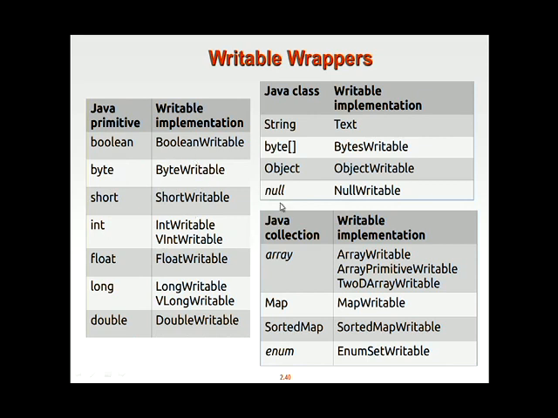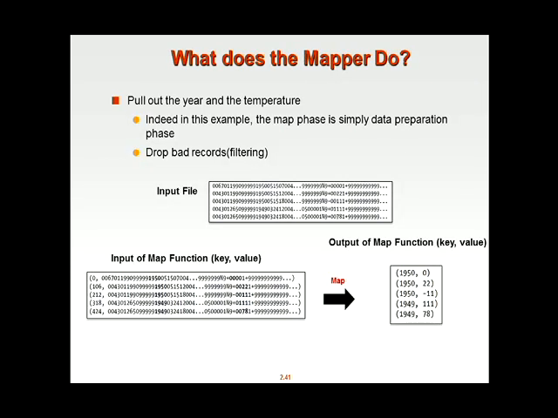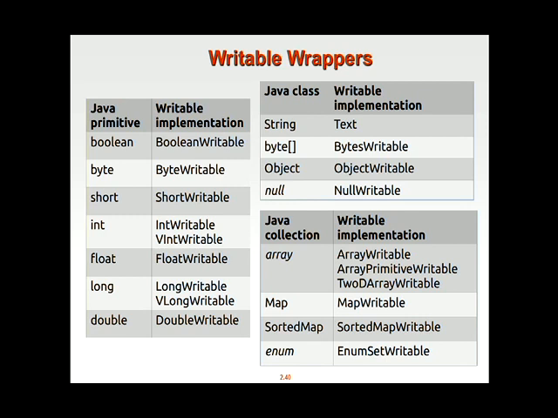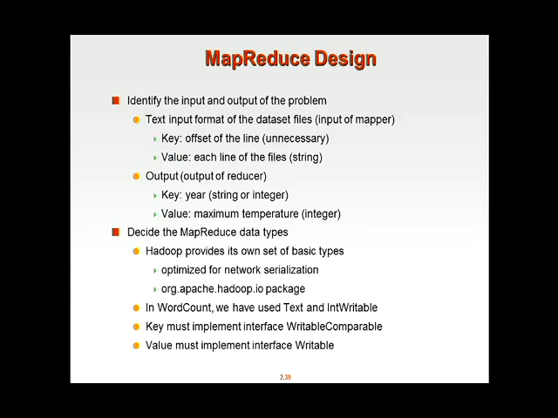So if your data is in the basic data format in Java, and in MapReduce you want to write the data to HDFS, to the file system, you need to use the corresponding classes to wrap them and then use them in MapReduce.